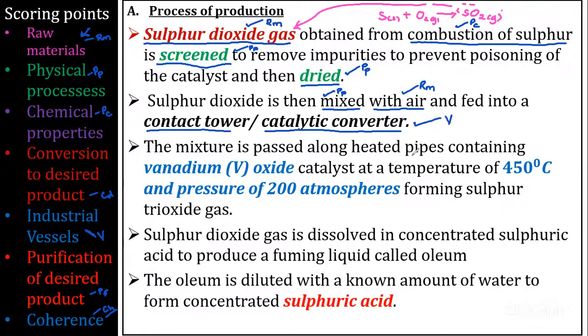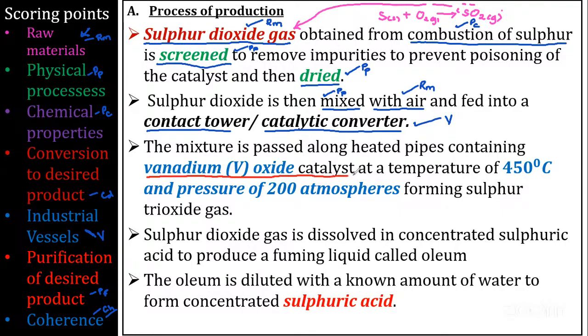So you get a tick of V, which stands for vessel. This mixture is going to be passed along heated pipes containing vanadium 5 catalyst.